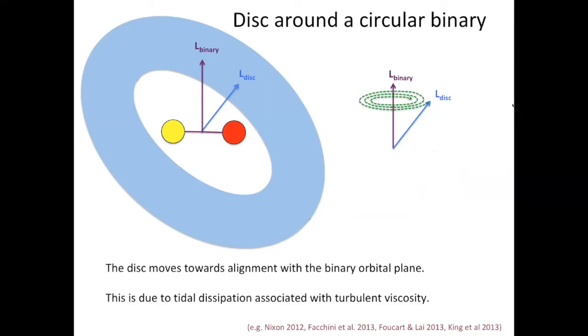Depending on the initial misalignment, the disk can move towards prograde or towards retrograde coplanar alignment. Now, as I mentioned earlier, if the disk is sufficiently extended, it may be subject to disk warping or even breaking. In this case, different parts of the disk may precess and align on different timescales.